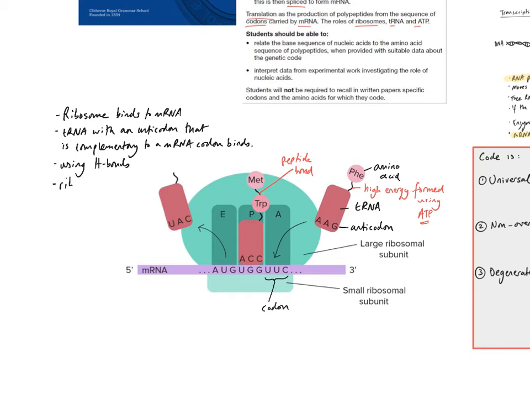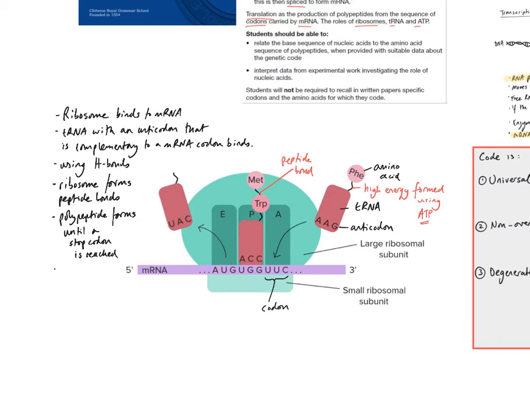So yeah, ribosome forms peptide bonds. Okay, polypeptide forms. That's a chain of amino acids, remember, until a stop codon is reached.